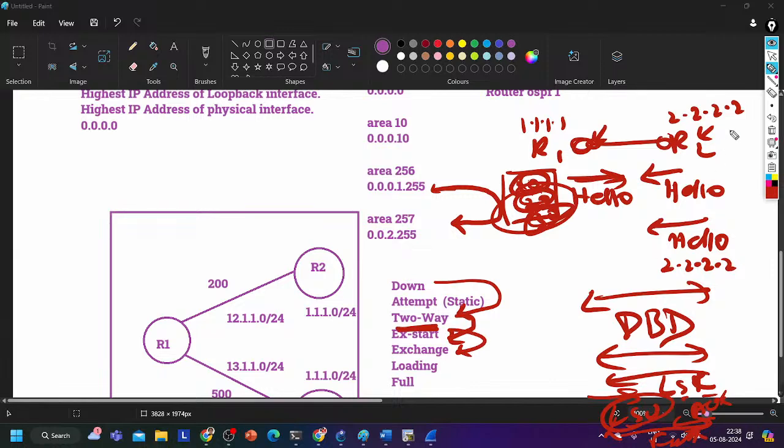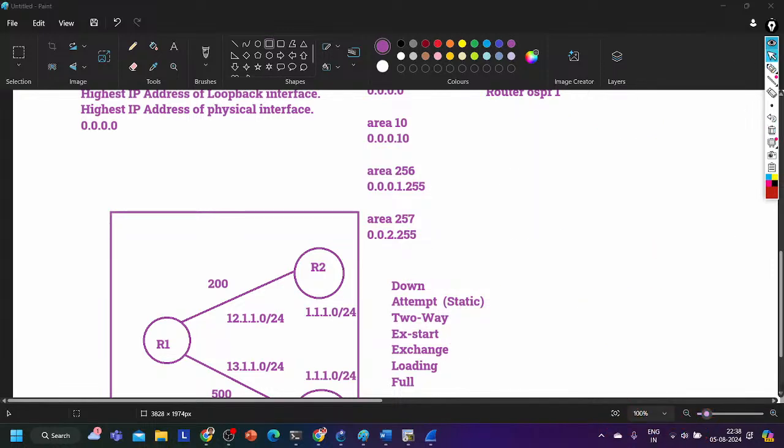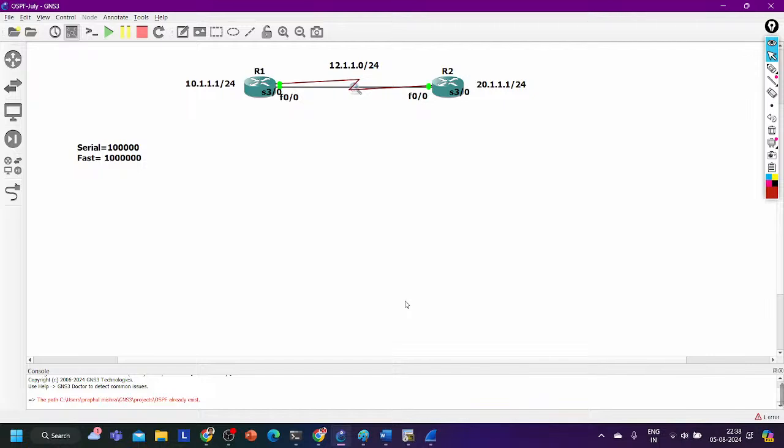So Full state means all the database has been exchanged. Full state means the OSPF database has been exchanged.